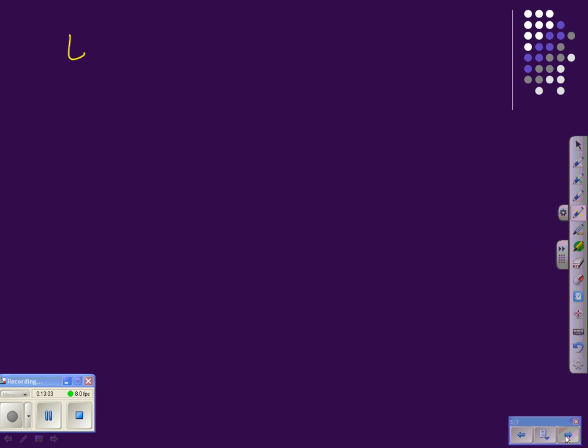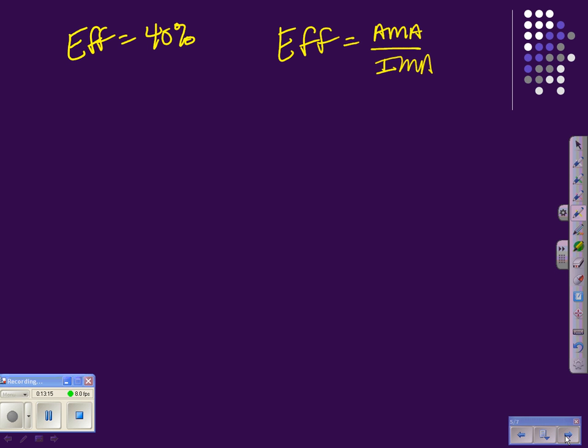We know that the efficiency is now going to be 40%. One of the efficiency formulas we have is AMA over IMA. I'm not going to be able to say that IMA and AMA are equal to each other anymore, because at the very beginning it said ideally they were.